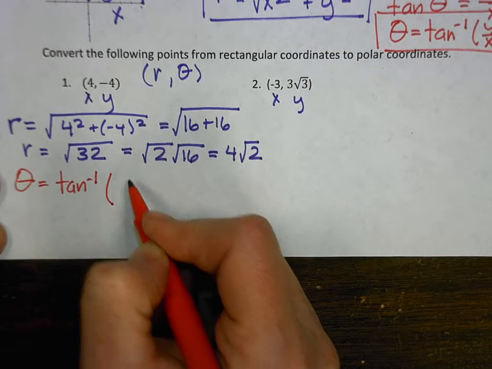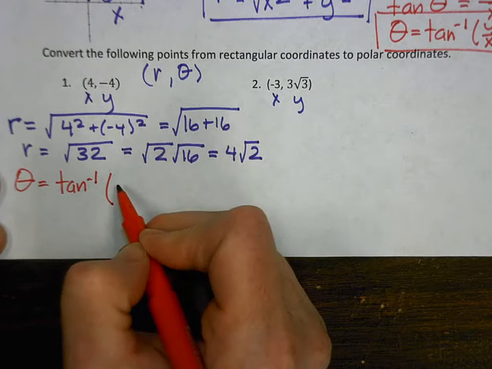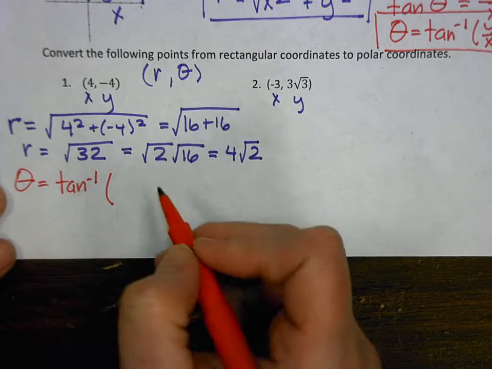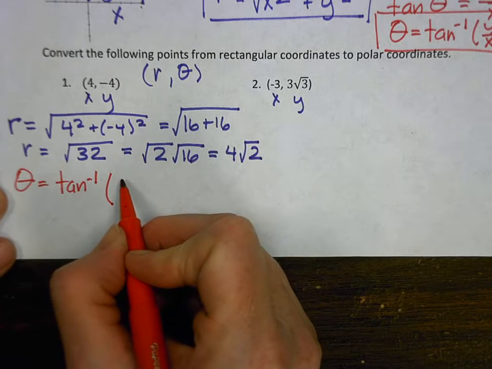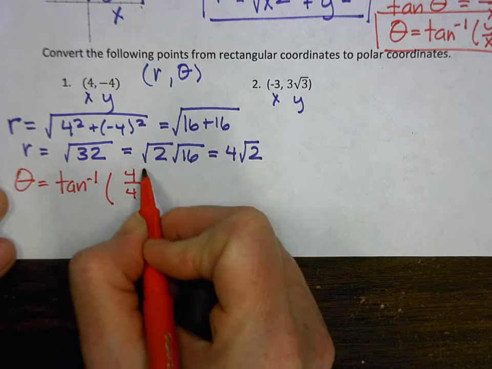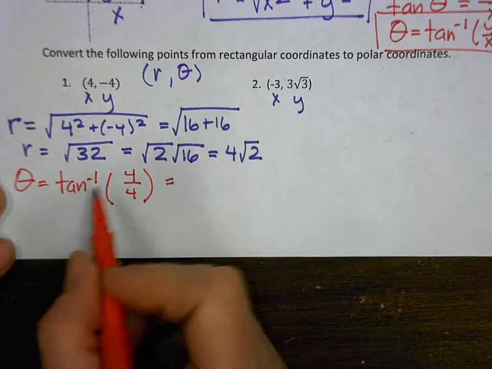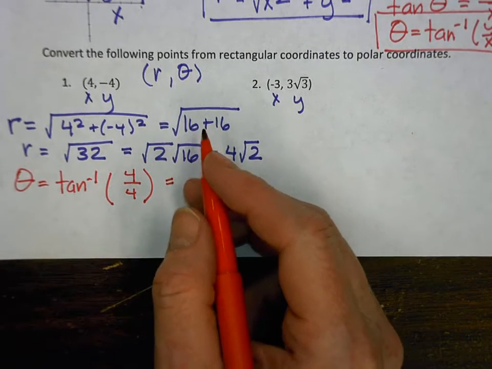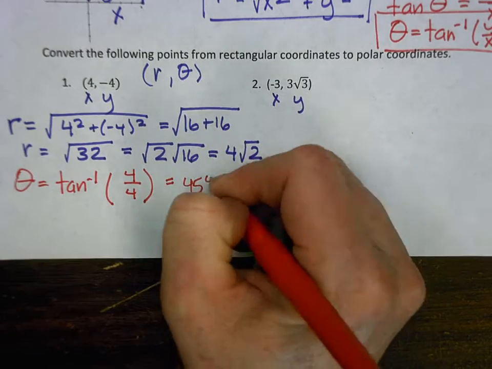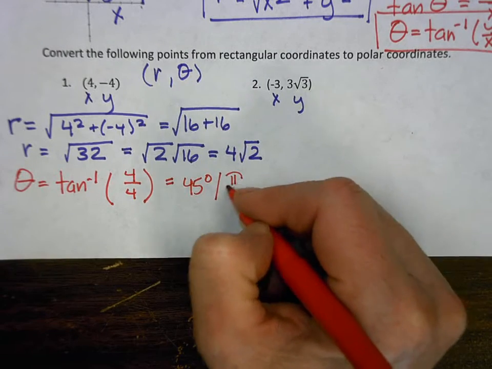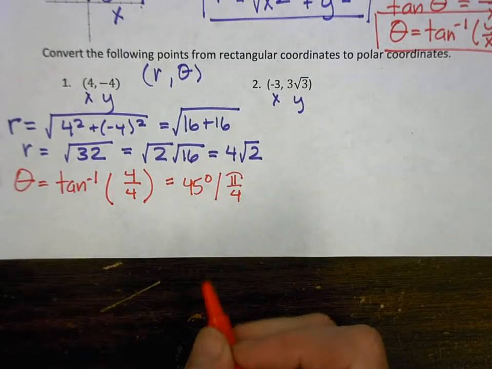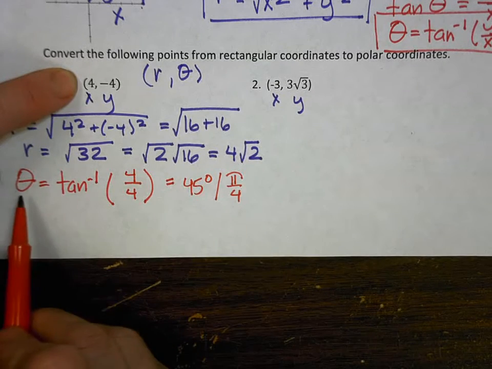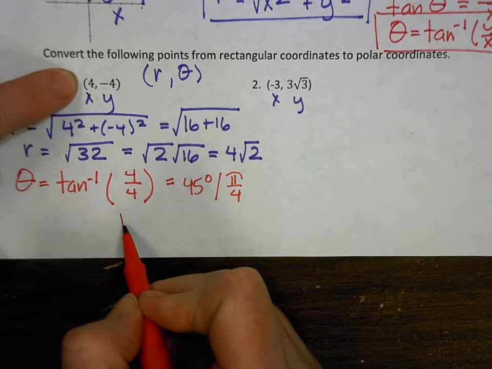Now let's do the theta. Theta is equal to the inverse tangent of y over x. Now, when I solve for theta, I actually solve for the positive, with the positive x and y's, 4 over 4. What is that? That's the inverse tangent of 1, which equals pi over 4, 45 degrees. But let's think about 45 degrees and where this is going to be.